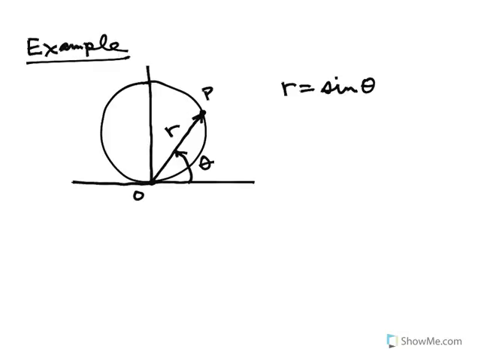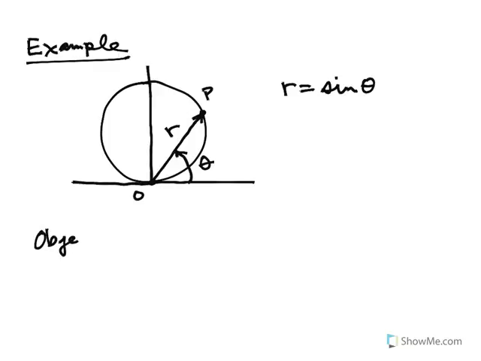Now, in order to do this problem, we're going to use intrinsic coordinates, but we're going to use them after we've defined another coordinate system, and then we're going to convert everything into intrinsic coordinates to show how nicely the velocity and acceleration can be expressed in terms of those intrinsic coordinates.